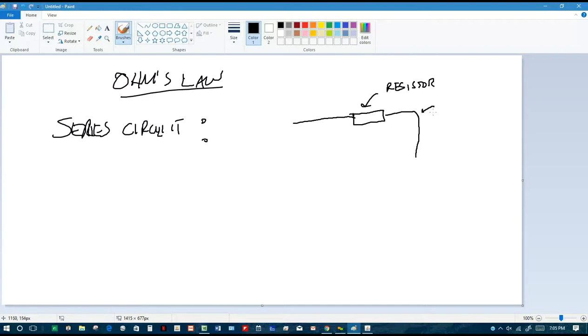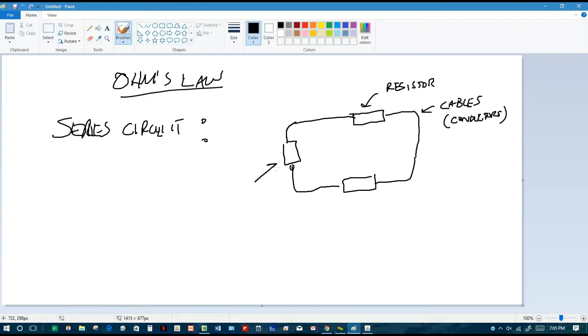These would be cables, which are conductors, right? Yeah. Probably copper. In our real world, they're all made of copper on the inside. And then let's just say we had another resistor here, and then we put a battery like this. So this is a battery, right?